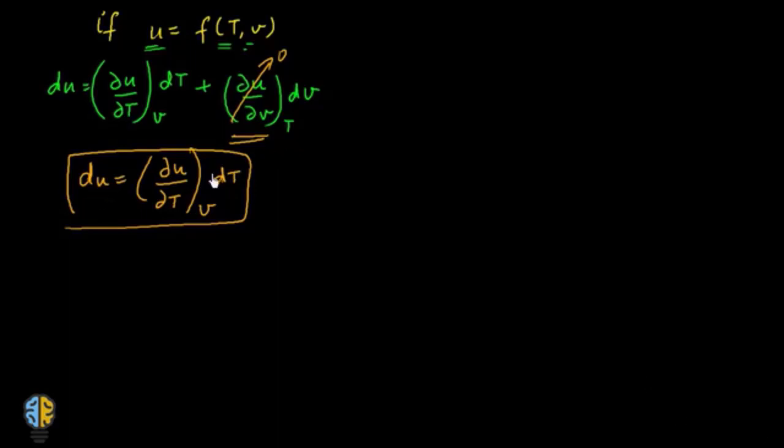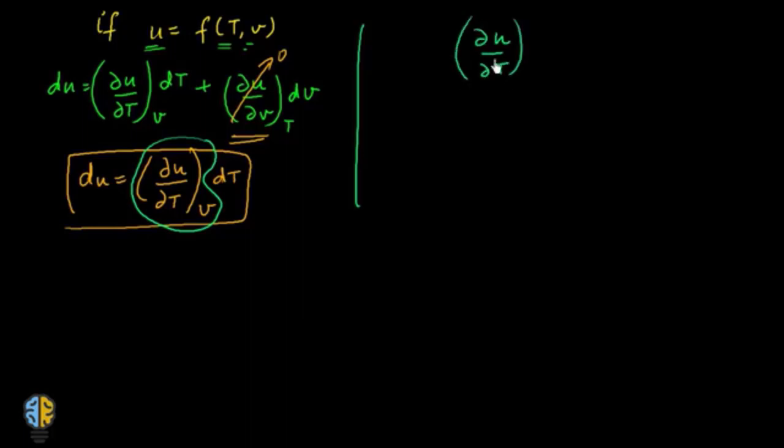And if you look at this particular term only, then you can say that ∂U/∂T, that is the rate of change of internal energy with respect to temperature at constant volume, is equal to the specific heat capacity at constant volume. So this is the definition of Cv.